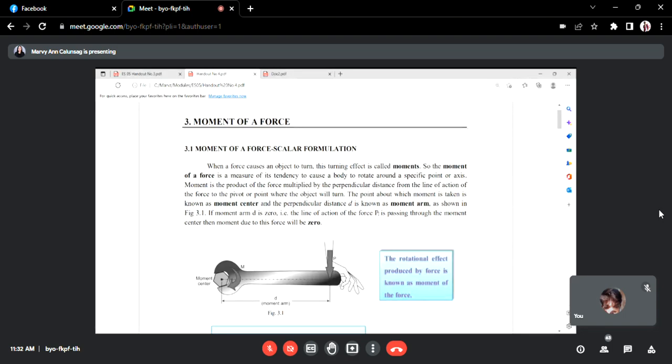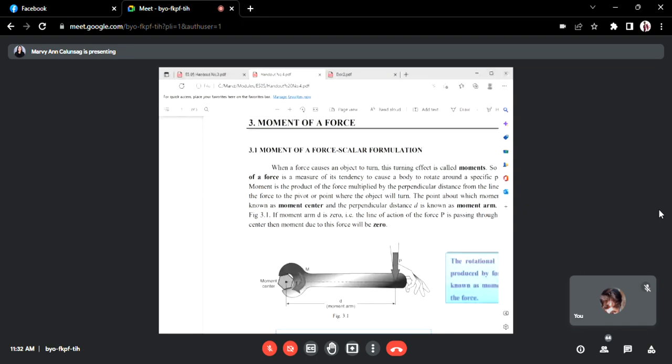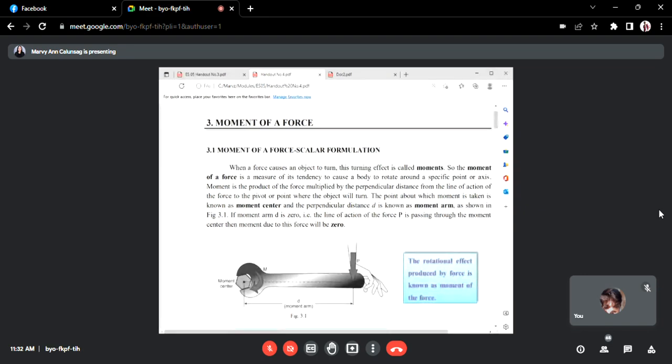So the moment of a force is a measure of its tendency to cause a body to rotate around a specific point or axis. So kintahay na ay force, specific force, then you have an I point. So ang kanang force is naman dyan ay direction, no? So kung imuhang patuyokon ng certain force about us, pwede siya makatuyok about a certain point or about a certain axis.